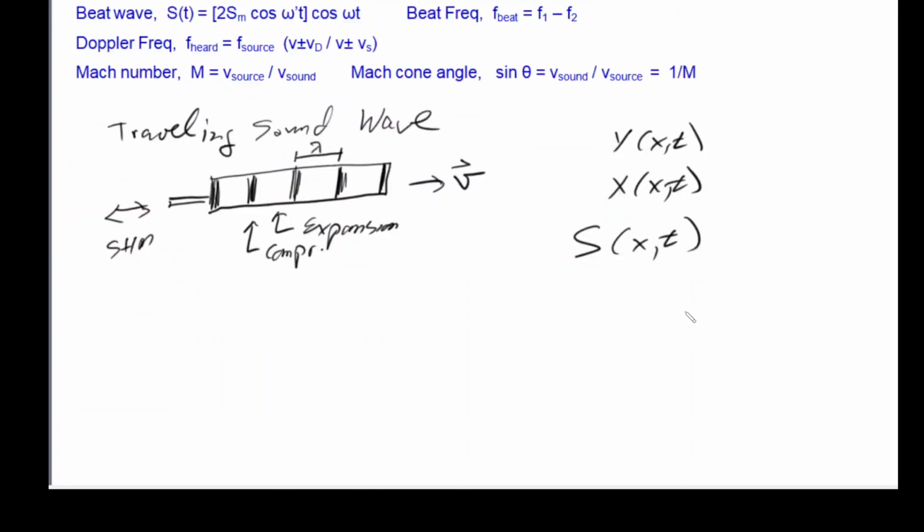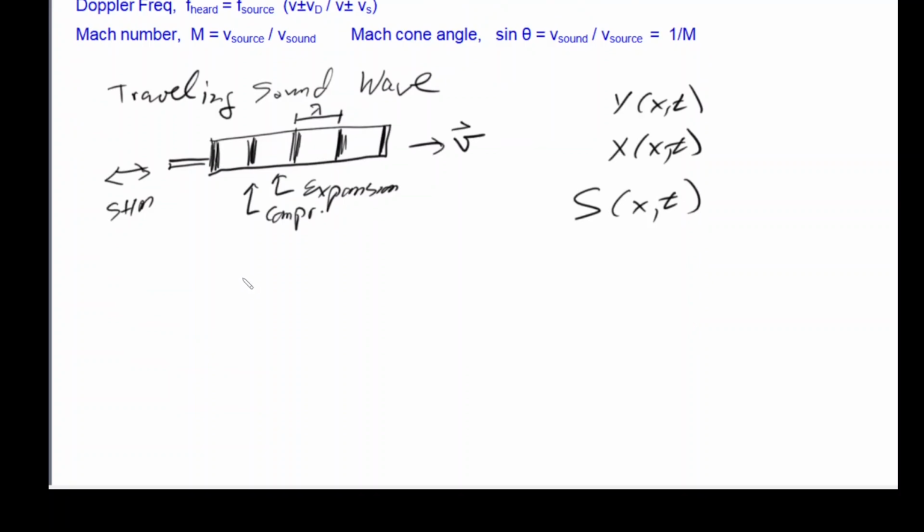So s is for sound waves, and we get our sound wave equation. s of x and t is equal to s_m, the amplitude, the maximum displacement, times the cosine of kx minus omega t.